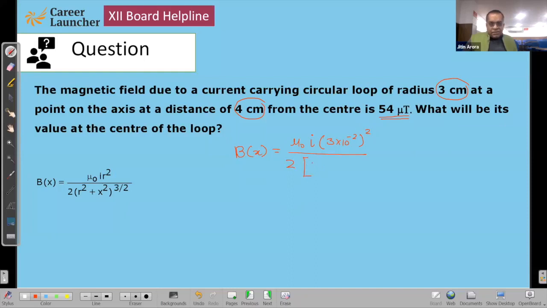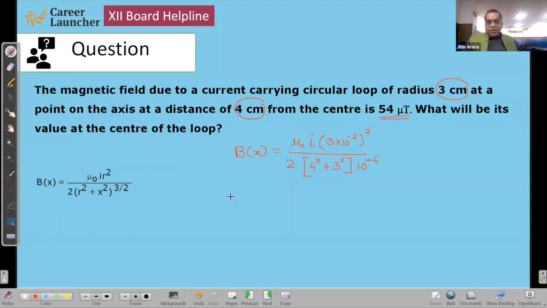So this is 4 square plus 3 square, and from here we get 10 raised to the power minus 2 whole square into 3 to the power 3/2, that is, 10 raised to the power minus 4 into 3/2, which comes to 10 raised to the power minus 6.